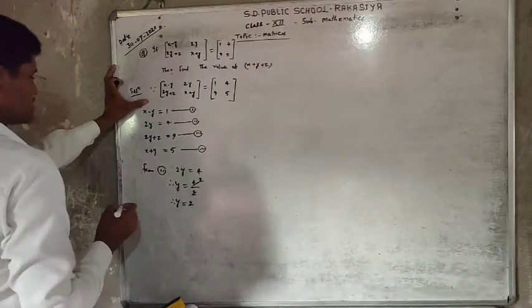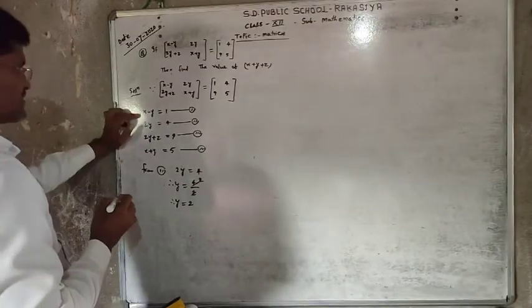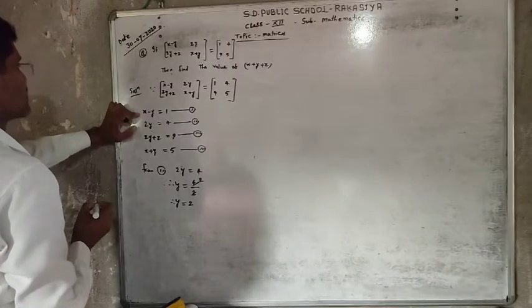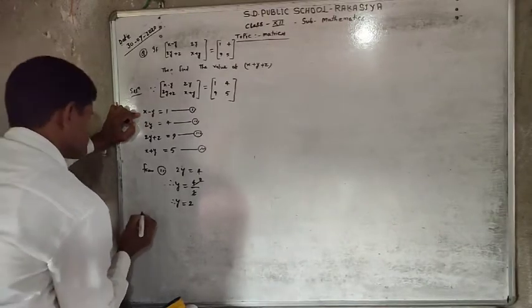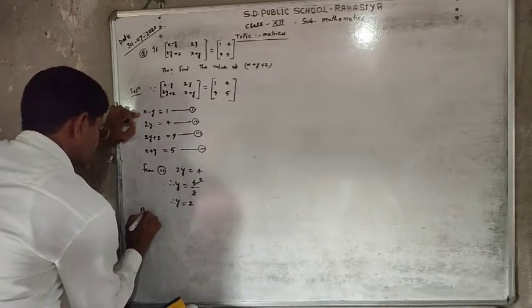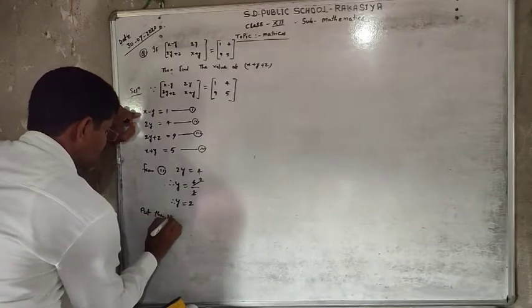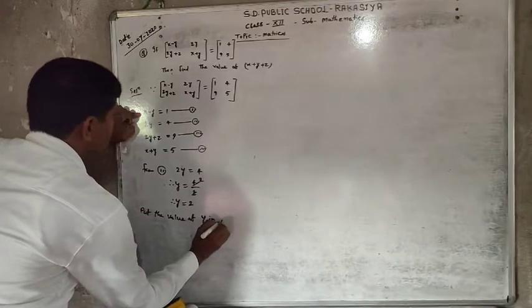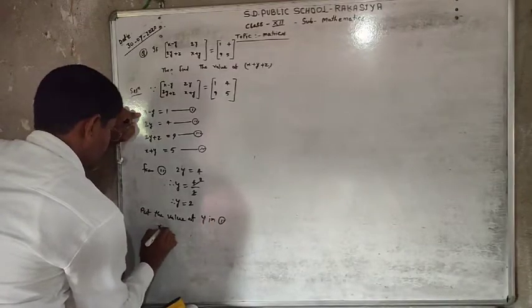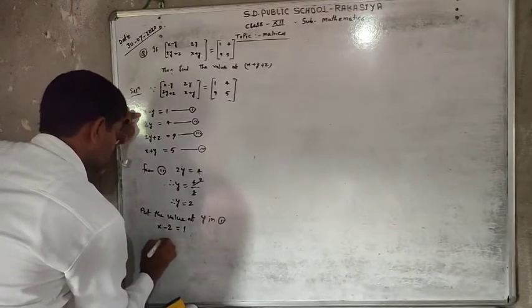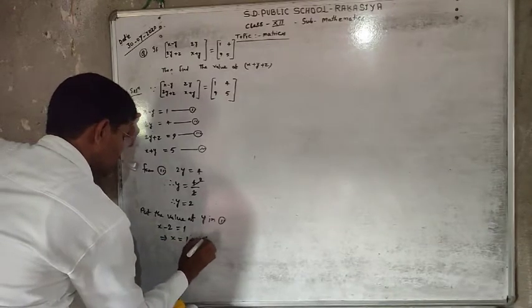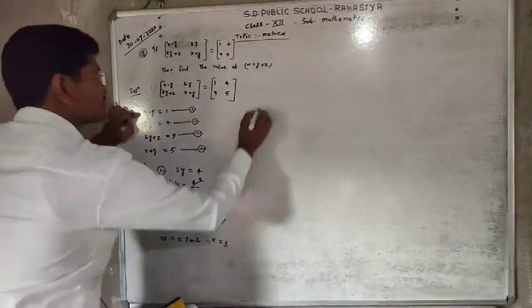Now, we can put the value of y in any equation and find the value of x and z. Put the value of y in the first: x minus 2 is equal to 1. This implies x is equal to 1 plus 2. Therefore, x is equal to 3.